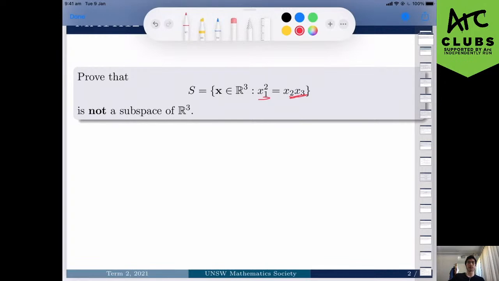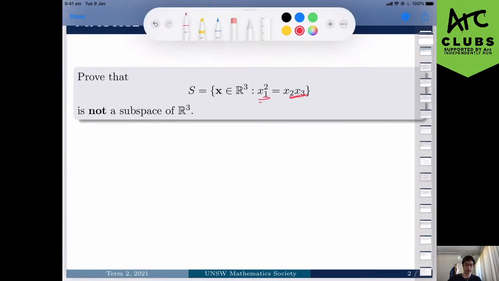So to prove it, we want to use the subspace theorem. The subspace theorem has three conditions. First, the inclusion of the zero vector. In this case, it's clearly included because 0 squared equals 0 times 0. Second, the multiplication condition: if we multiply each component by a scalar, will it still be in the subspace?